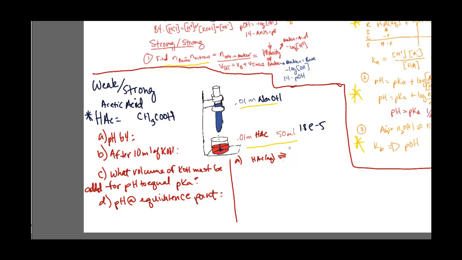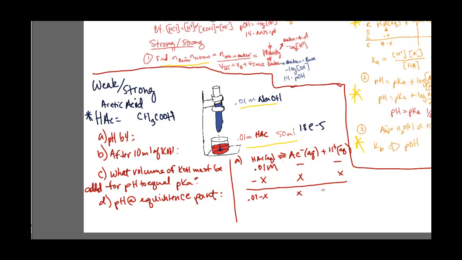It's liquid, it's fixed, there's no change in concentrations. Ac minus aqueous plus H plus aqueous. And the initial concentration here is 0.1 molar. There's nothing here, minus x, plus x, because they're on the reactant side. Product side. Here we have 0.1 minus x.